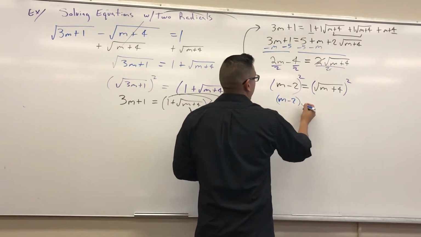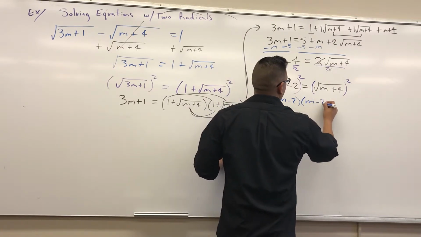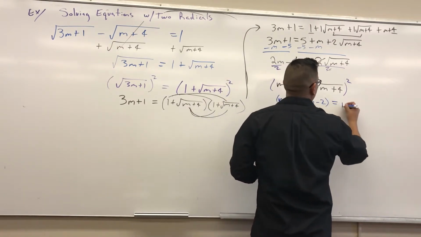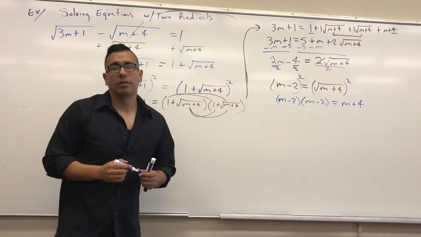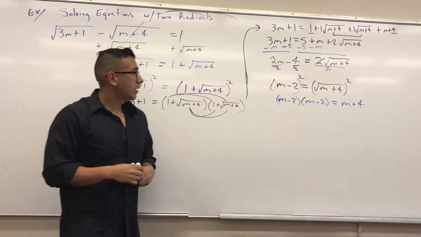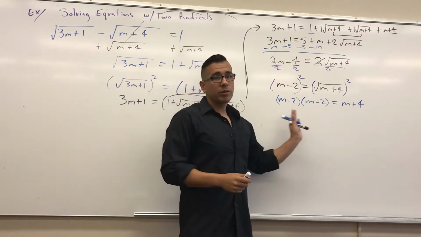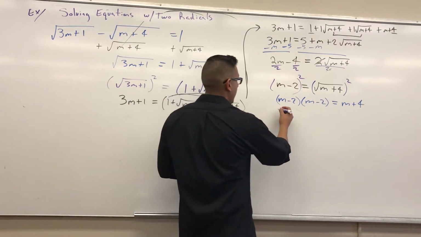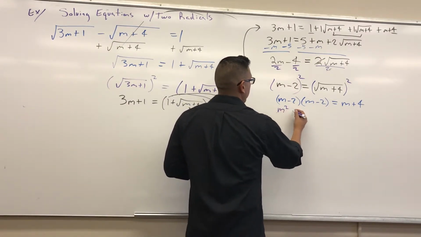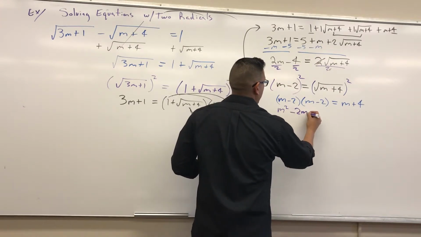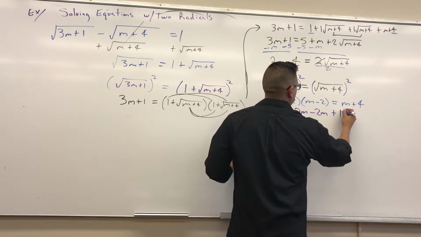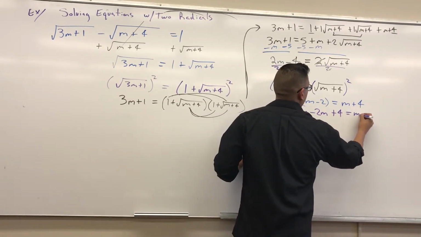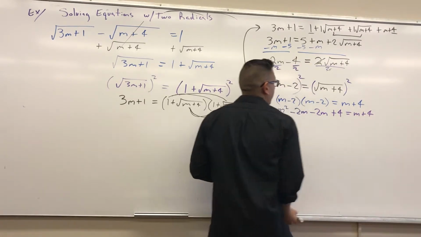So we get m minus 2, m minus 2, and that's gonna equal m plus 4. Go ahead and distribute everything. So we're gonna get m squared minus 2m minus 2m plus 4 equals m plus 4.